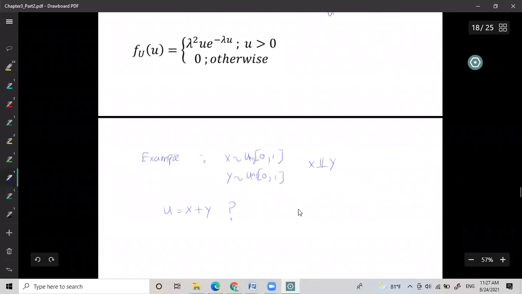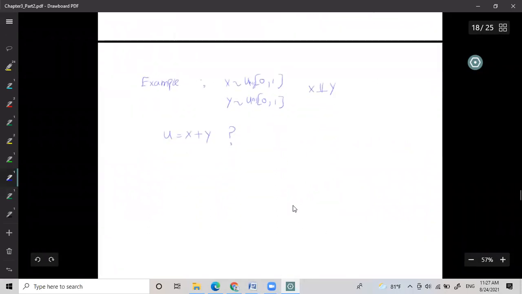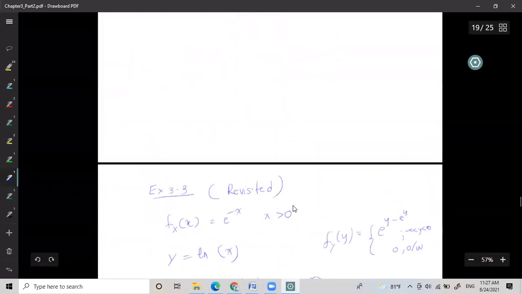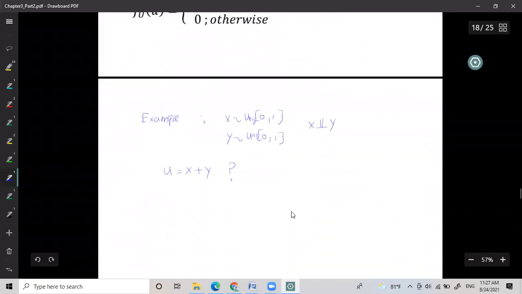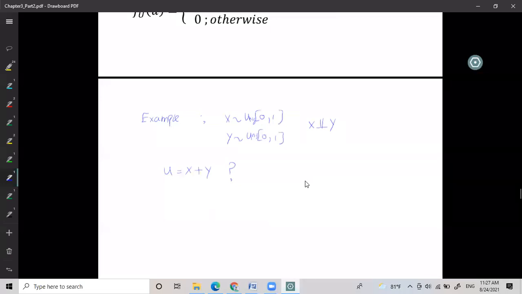Anyway, I'll do it next time, but you can also try to find it. And also what will happen if x and y are normal distributions or standard normal, what will be the final outcome. These are very interesting results. Even if you have many random variables, 3, 4, 5, n number of independent random variables, what will be the final answer? This will be very nice findings. You can refer to them and get an idea.